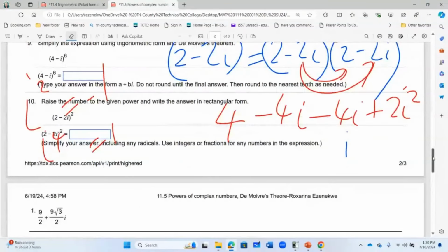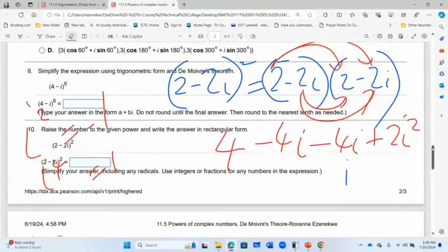Okay, so collect like terms together. Everybody remember that we multiplied negative 2i by negative 2i. We have positive, and then we have i squared. Because we know that i squared is negative 1, I want to rewrite.